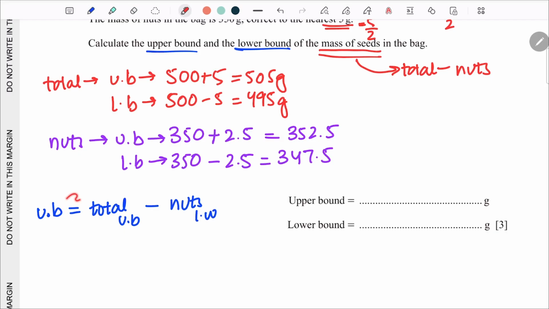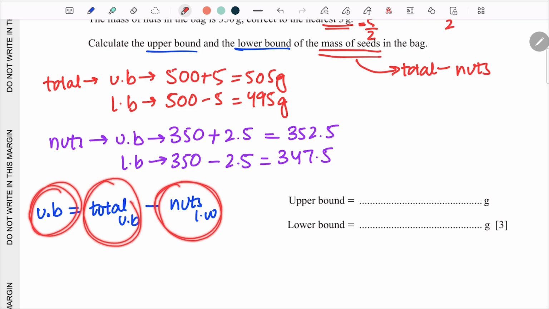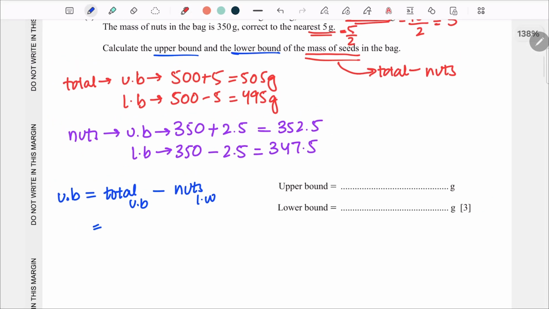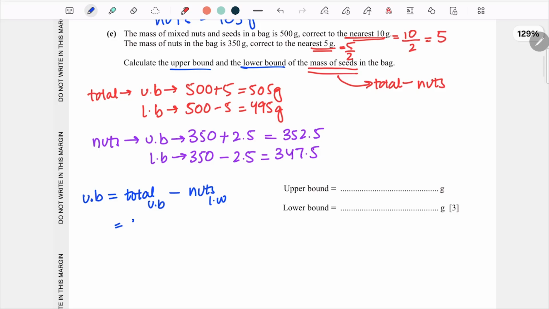So the highest value of the difference can be found by subtracting the largest value of the total and the smallest value of the nuts. That will give us the largest difference. So the upper bound of total is 505 and the lower bound of nuts is 347.5, and this is equal to 157.5, and this is going to be my upper bound.